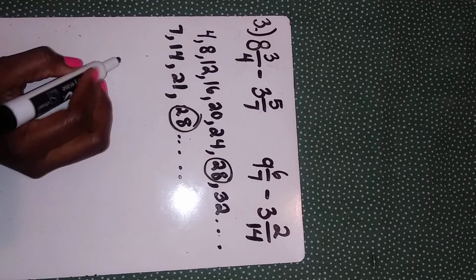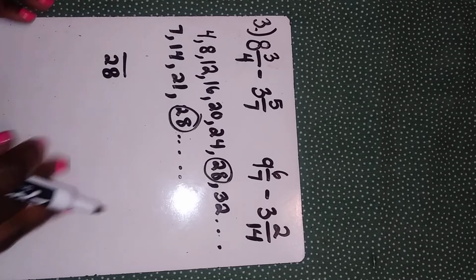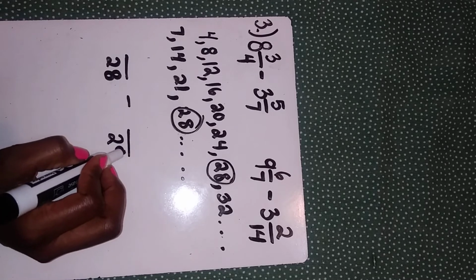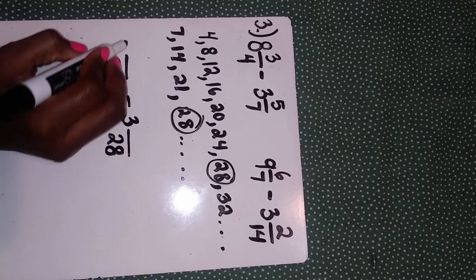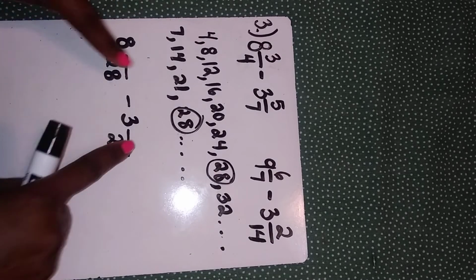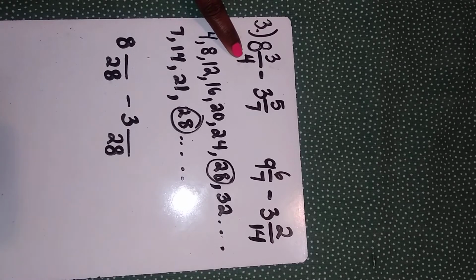So I'm going to write my new mixed number with its denominator 28. And I'm just going to bring down the whole numbers. Now, to find out my numerator, I got to look up here at this 4. So I can do it 2 ways again.